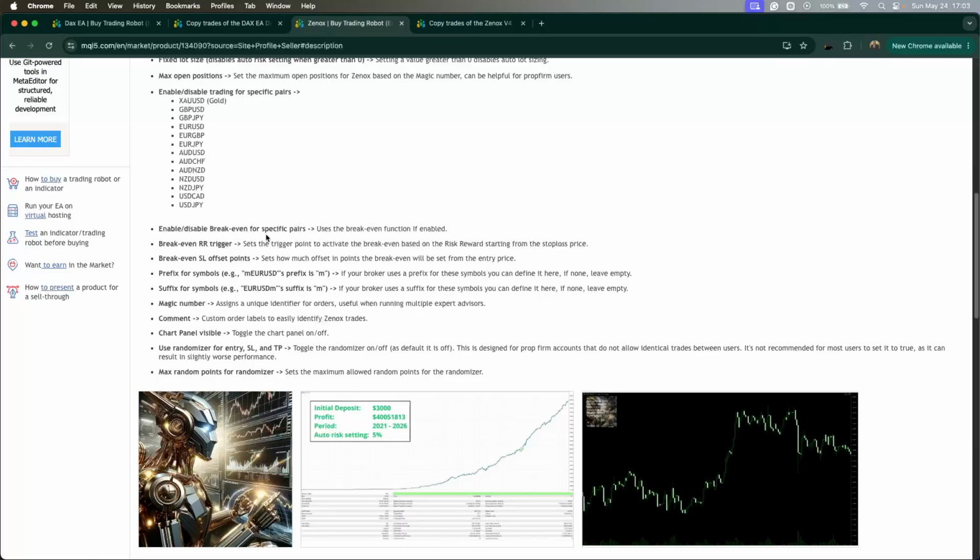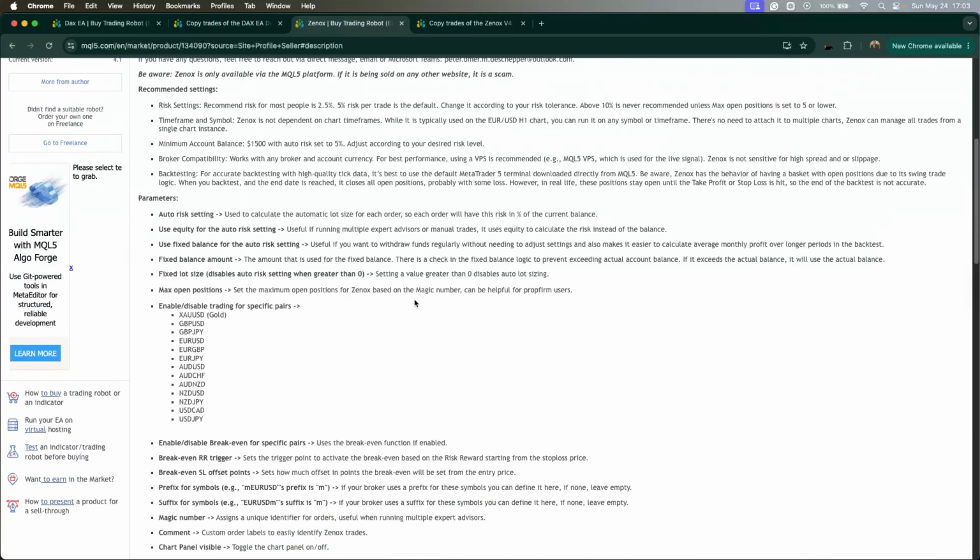This is a big one, defaulting around 5% per trade, with options for fixed lots or custom risk. Break-even triggers at 1 hour and SL offset points are adjustable per pair. There is also a max open position limit, which they present as a safety feature. Overall, the developer highlights these as flexible tools that let you adapt the expert advisor to your account size and risk tolerance. These are all the settings and features as advertised on their page.